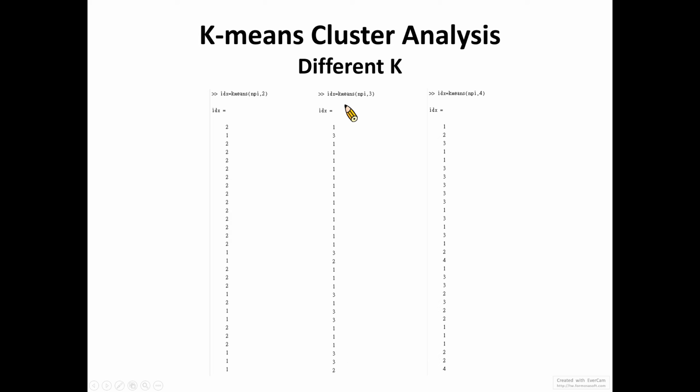For example, in the 3 clusters, you can see that the majority of them are still 1, and few of them are 2, and some of them are 3. If you want to classify into 4 clusters, you will see different results.